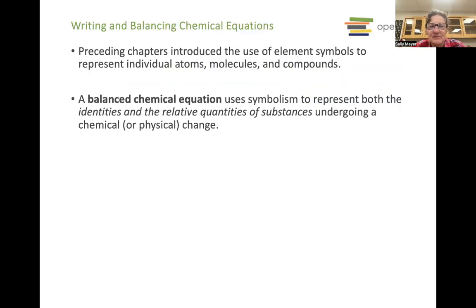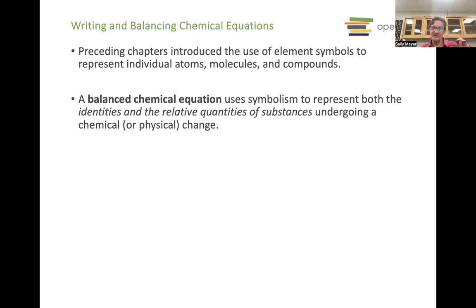So in preceding chapters, we've been introduced to the use of element symbols to represent atoms, molecules, and compounds. A balanced chemical equation uses that symbolism to represent both the identities and the relative quantities of substances undergoing a chemical or physical change. When we write a balanced chemical equation, we have to make sure that we have the correct identities.